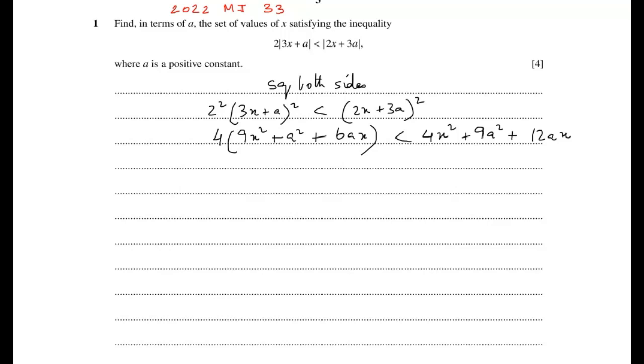So 36x squared plus 4a squared plus 24ax less than 4x squared plus 9a squared minus 12ax. Remember, this is a 4 marker.